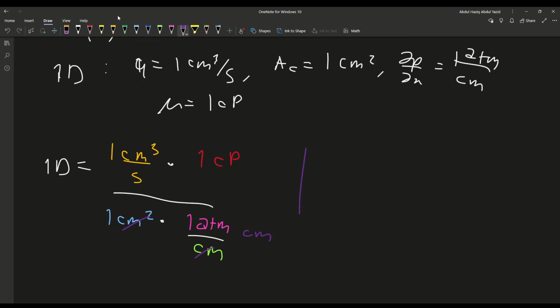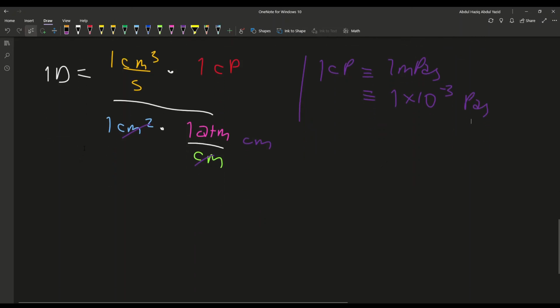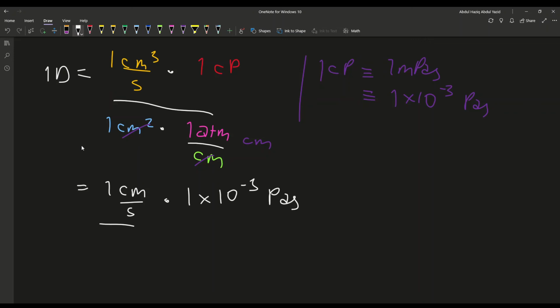Centipoise, so this is one fact that we can make use of. 1 centipoise again is 1 millipascal second. So that's 1 times 10 to the minus 3 Pascal seconds. Alright, so let's rewrite what we already know. So now this centimeter cubed will cancel out with the cm at the bottom. So what we are going to be left with is 1 cm per second times 1 times 10 to the negative 3 Pascal seconds.